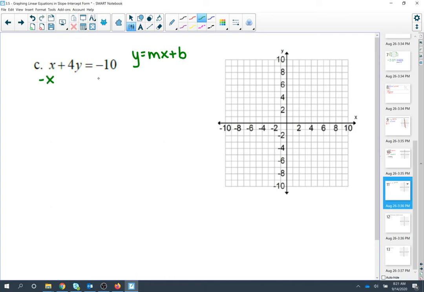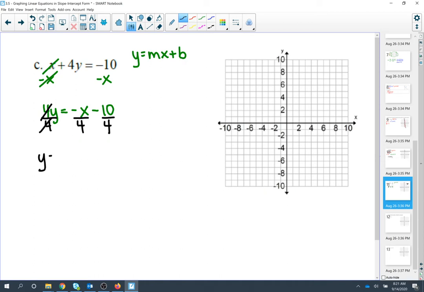Subtract x from both sides. 4y equals, we have a negative x, we have a negative 10. I'm going to choose to put the x first, so negative x minus 10. Then we're going to divide by 4. Make sure you divide everything by 4.